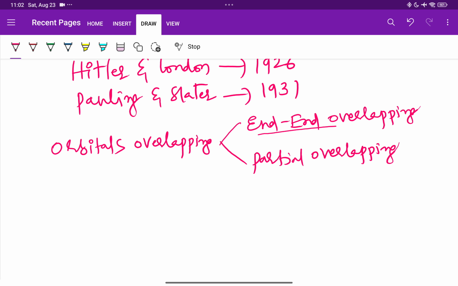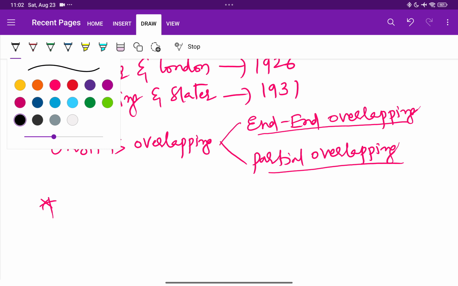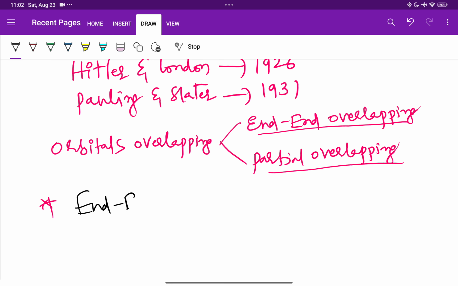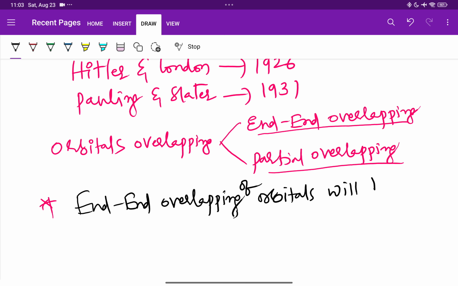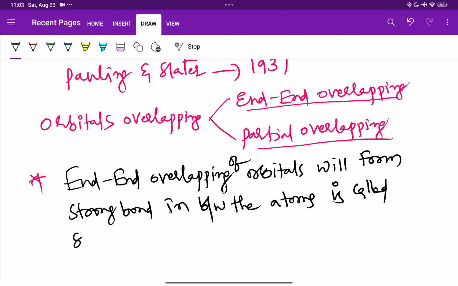Then the end-end overlapping of orbitals is very important. End-end overlapping of orbitals will form the strongest bond in between the atoms, is called sigma bond.